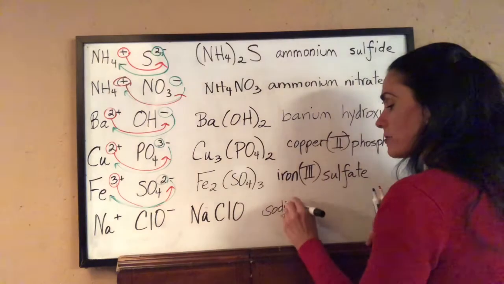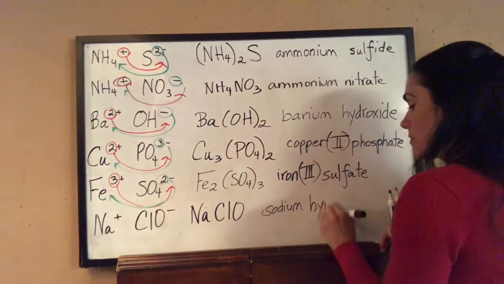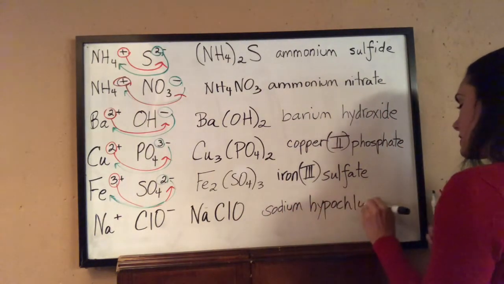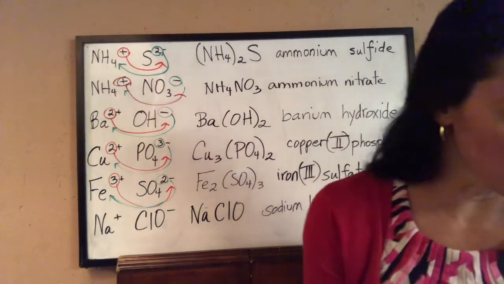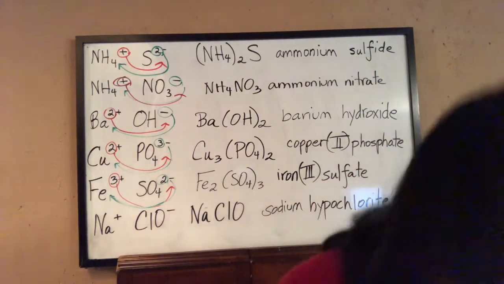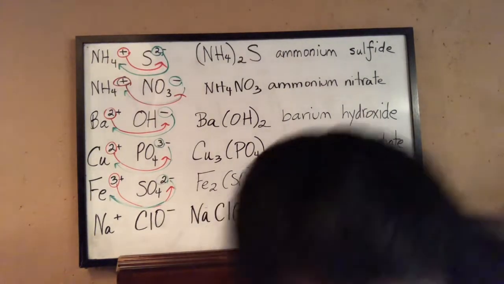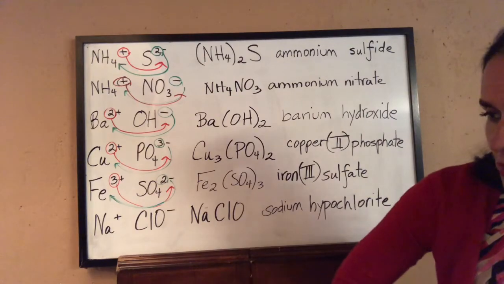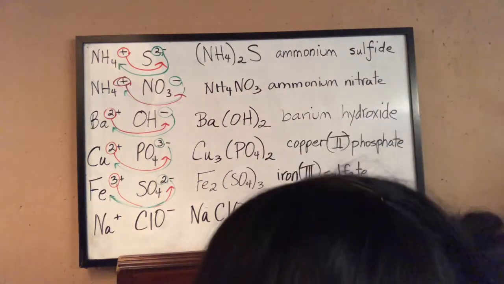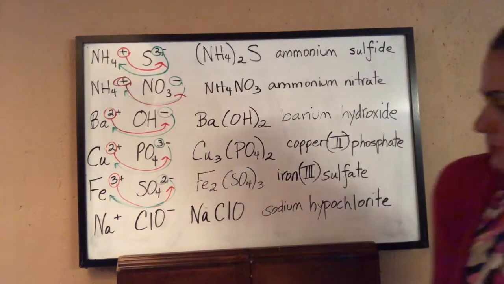The name of the compound would be sodium hypochlorite, which is the main ingredient in bleach. It's the active ingredient in bleach, sodium hypochlorite. It's also used in a higher concentration for municipal water purification as well.